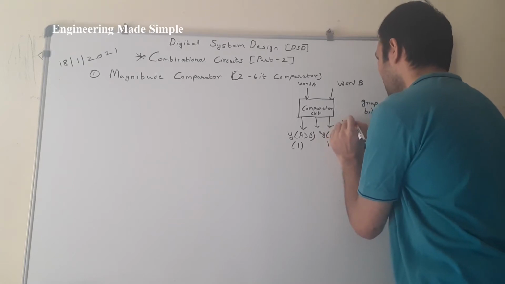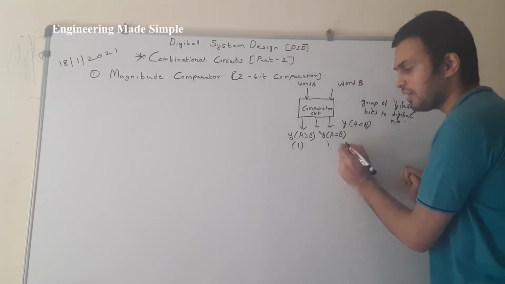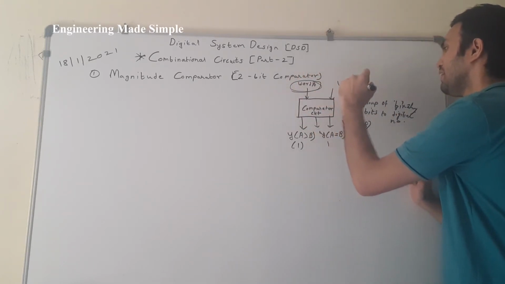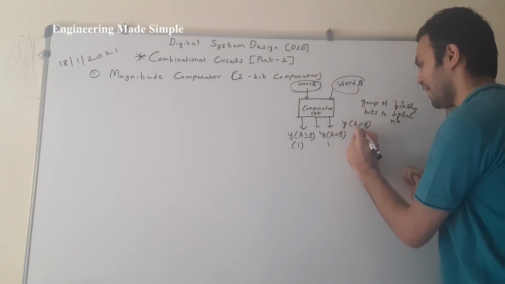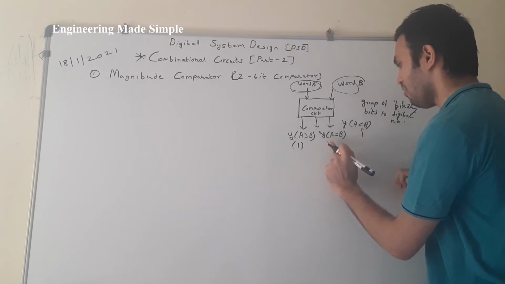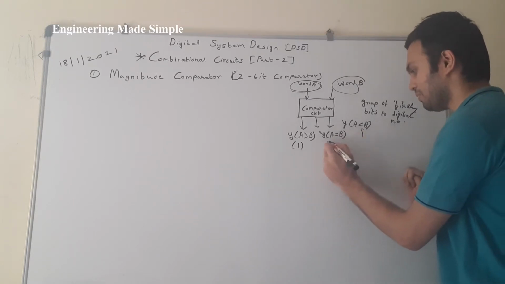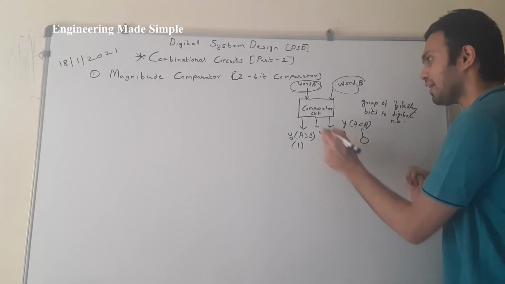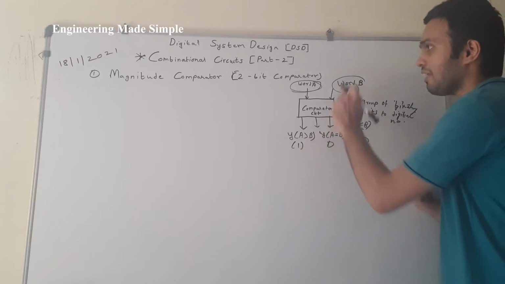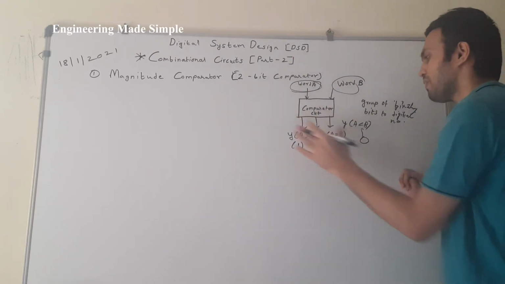And then the third output is y is A less than B. So if the number in A is less than B, this will go high. And if A is greater than B, then obviously it will not be equal to B and it will not be less than B. So whatever condition is satisfied, only that output will go high. This is the basic working of a digital comparator or magnitude comparator circuit.